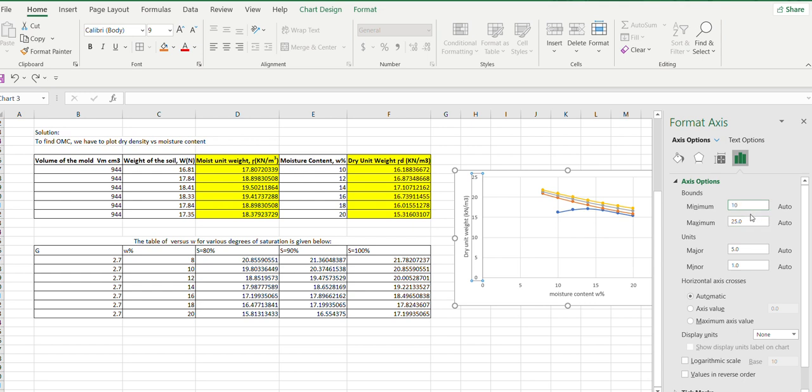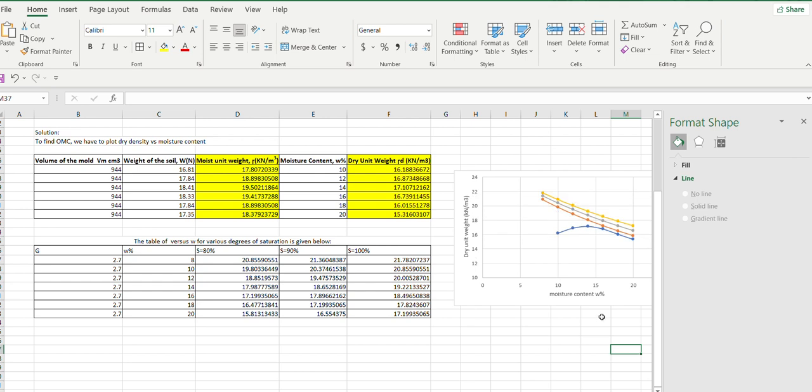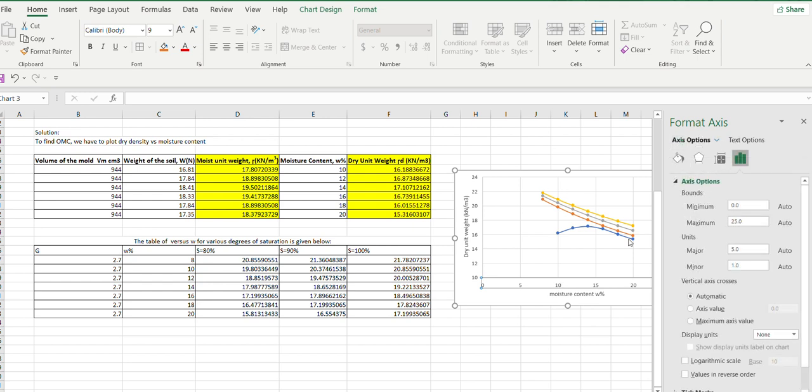Let's say 10. Okay, and for moisture content, the bound is, let's put it 5 to 21.